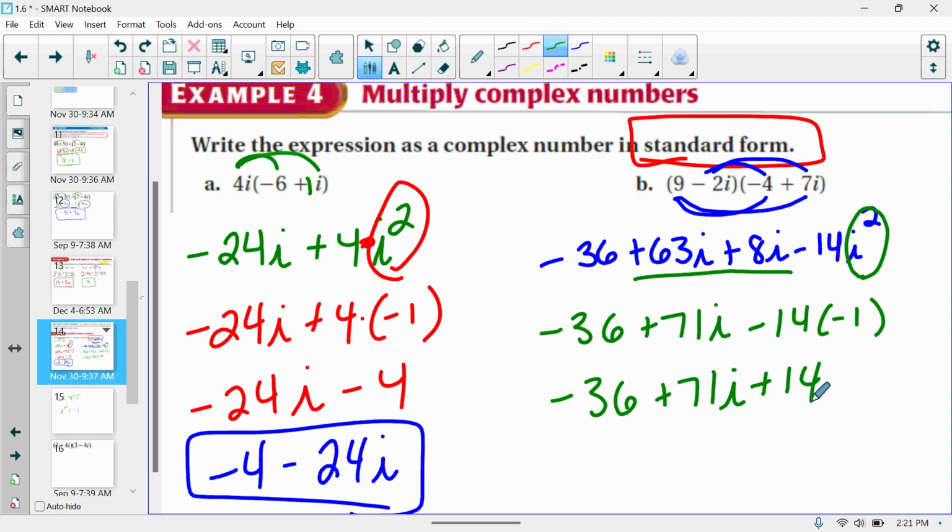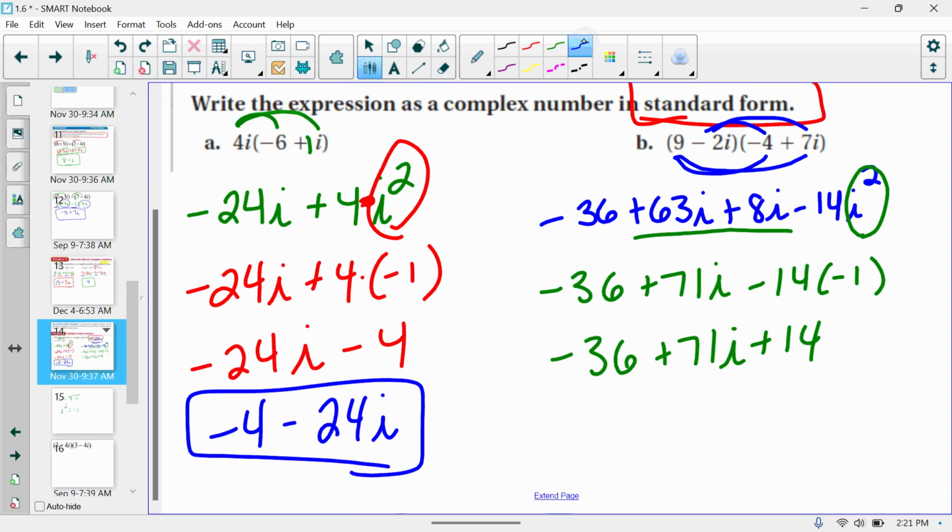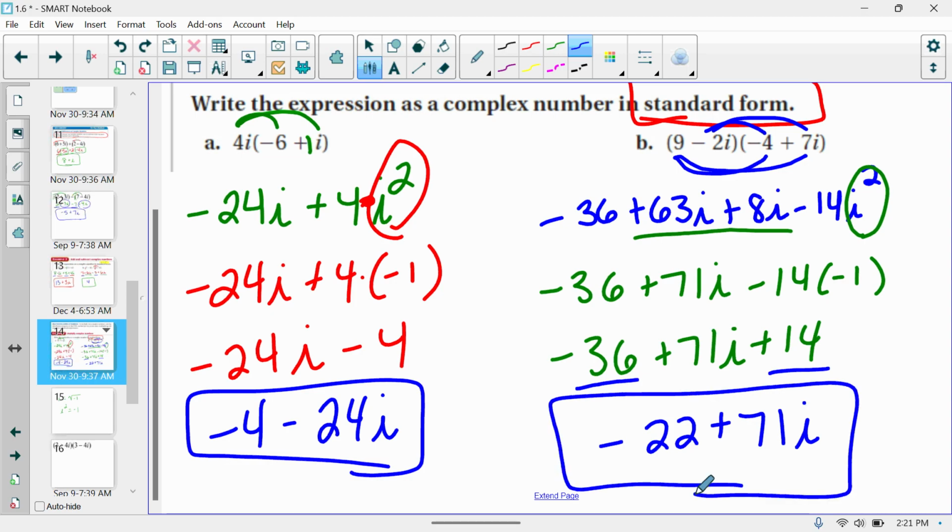You might not have to show quite as many steps as me. So now we have some real parts to combine. -36 plus 14 is going to give us -22. We write the real part first, then the imaginary part. So -22 plus 71i. Questions on that at all?